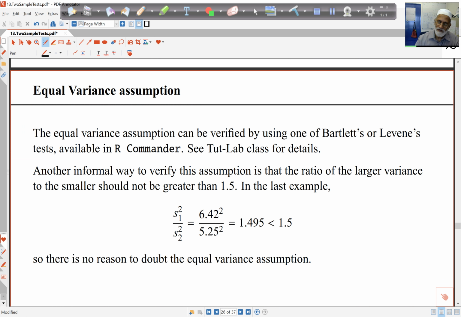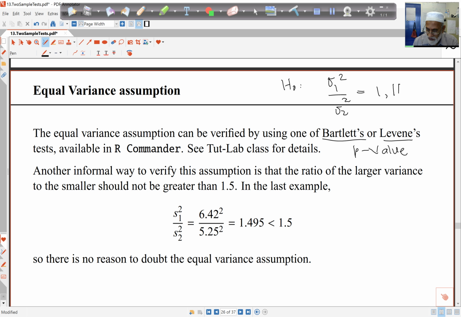Now, for the equal variance assumption, there are various tests in R, and you will find some in your labs. One is called Bartlett's test, another is called Levene's test. Each of these tests will give you a p-value on which you can base whether the assumption of equal variance is supported or not. H naught says that sigma1 squared over sigma2 squared is equal to 1, in other words, the variances are the same.